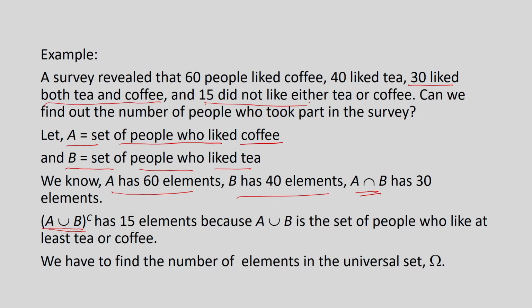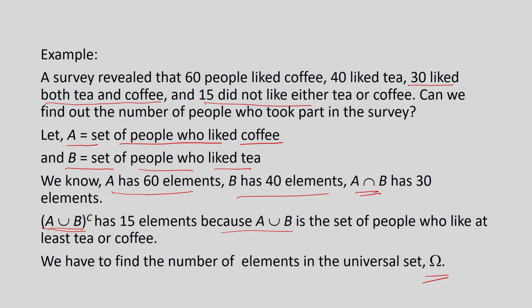So, that set has 15 elements as given in the question. A union B complement has 15 elements because A union B is the set of people who like at least tea or coffee, right. That is by definition. A union B means the people who belong to that set like at least tea or coffee. So, the complement of that set will mean those people who do not like either. So, A union B complement has 15 elements.